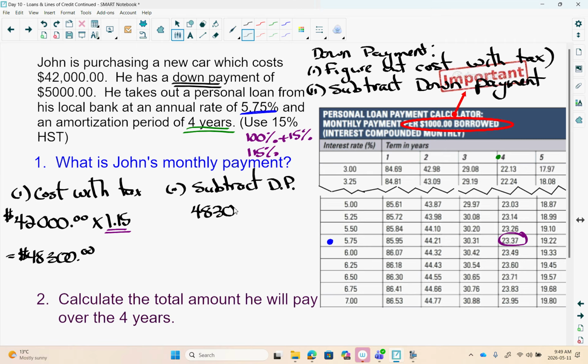He owes them $48,300. He's going to subtract $5,000. And that means he still owes $43,300. Okay? This becomes the principal. That right there is what he needs to borrow. So he doesn't have that money. He's got to borrow it. And he's going to borrow it from his credit union or his bank.